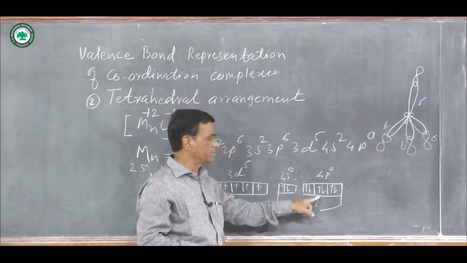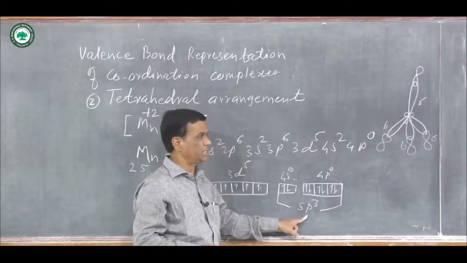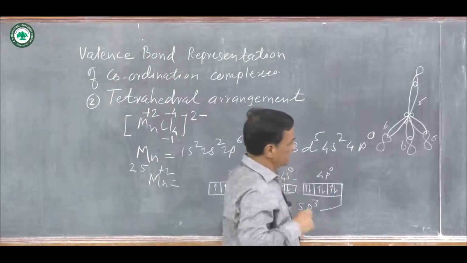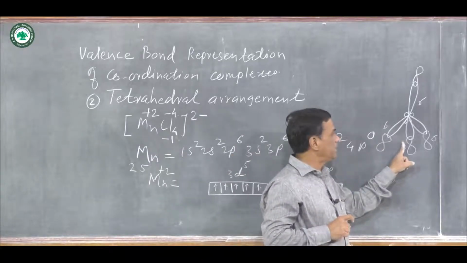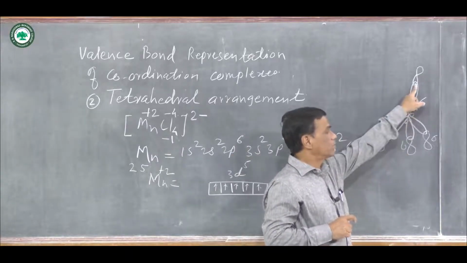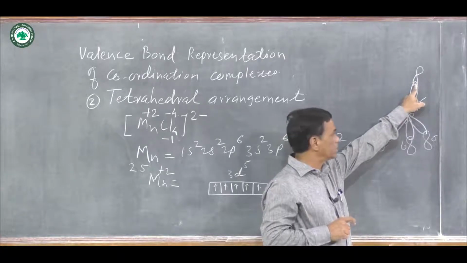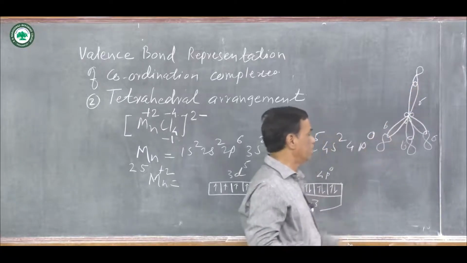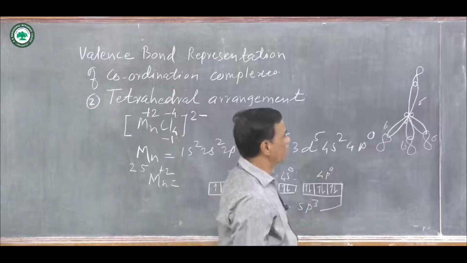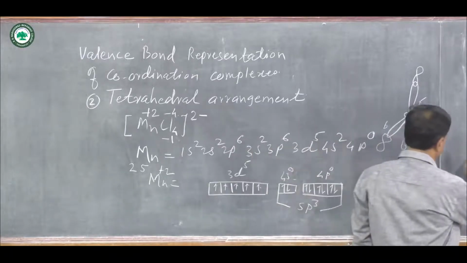These 8 electrons are represented in sp3 hybridization. This is the sp3 hybridization, and when the chloride ligands donate electrons, there is a formation of sigma bonds, and the actual structure of MnCl4 is represented.